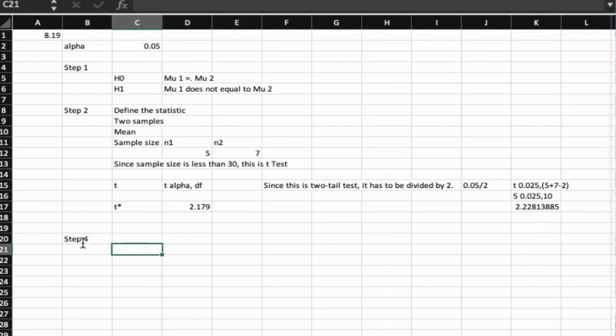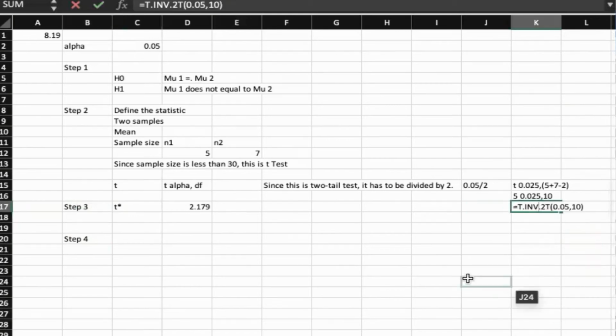Can you show me the formula one more time? T inverse two-tail. Okay.